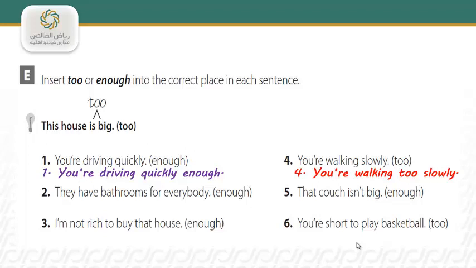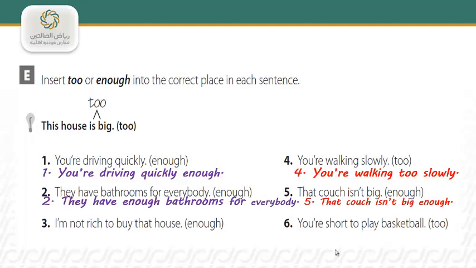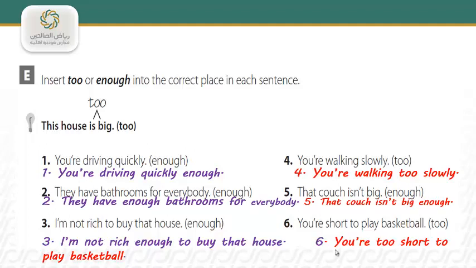You're walking too slowly. Can you see? So too precedes adjectives and adverbs, while enough follows adjectives and adverbs. Except for nouns, enough comes before nouns.